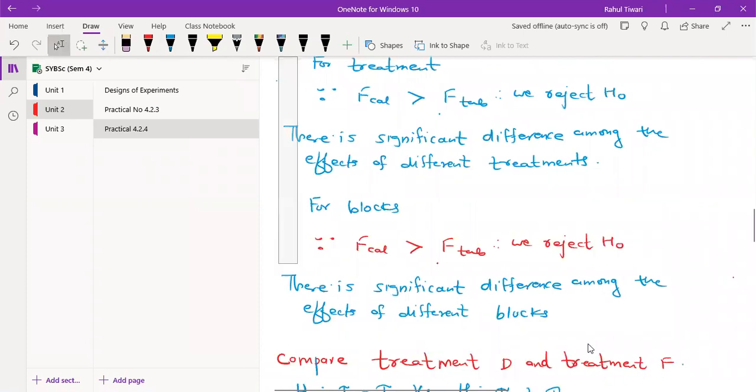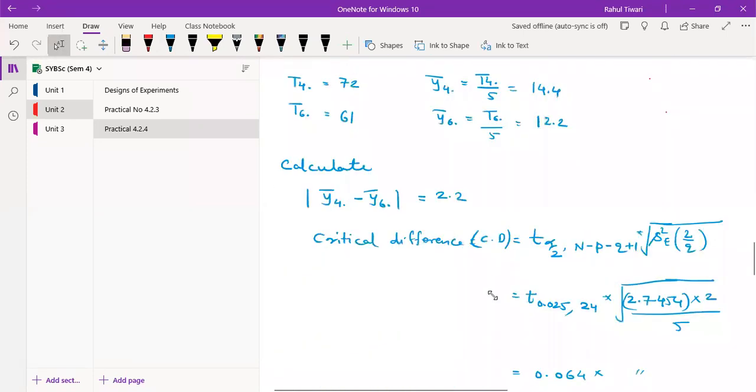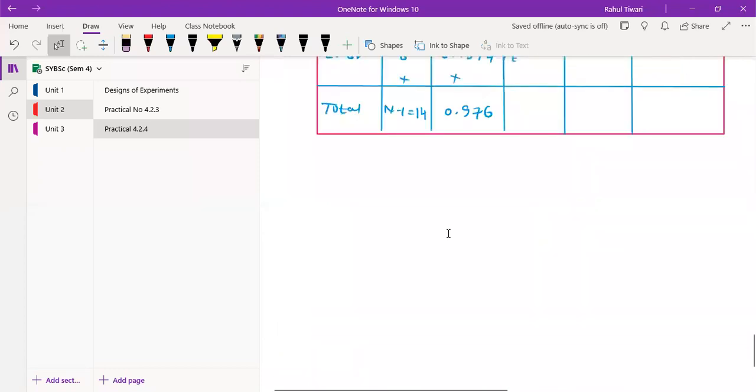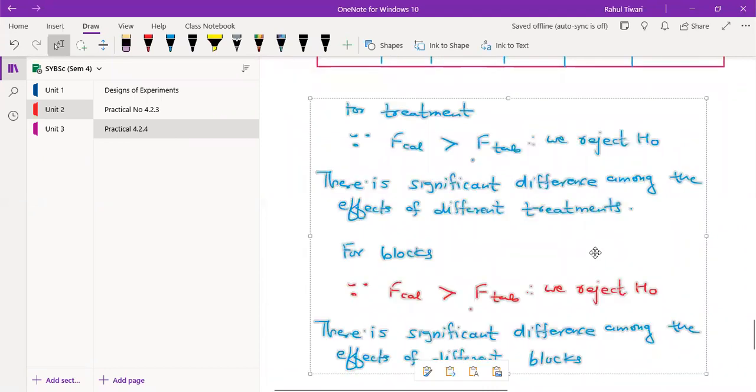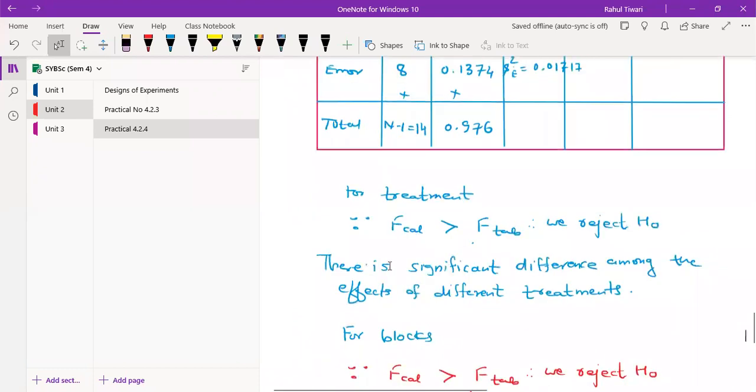So what is your conclusion about this? For treatment, we found that F cal is greater than F tab, right? So this is correct. There is a significant difference between the effects of different treatments.